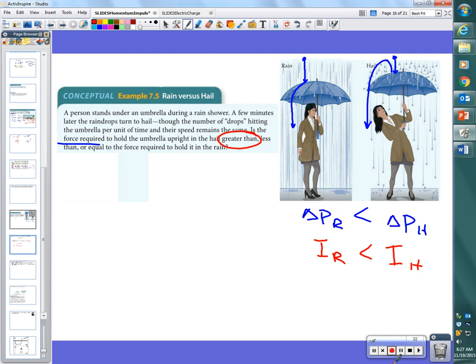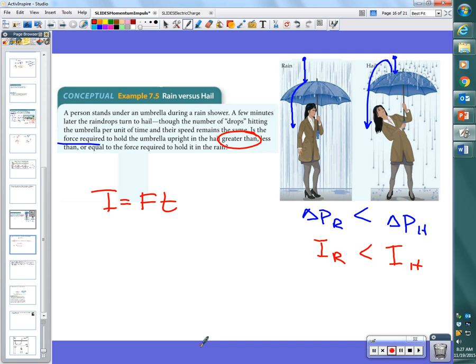We just discussed that impulse depends on force and time. Now, we don't know for sure, because we don't really know the time, right? But if we had to take a guess, which one's probably going to require the greater force? The hail, because it requires the greater impulse. Okay? Good there?